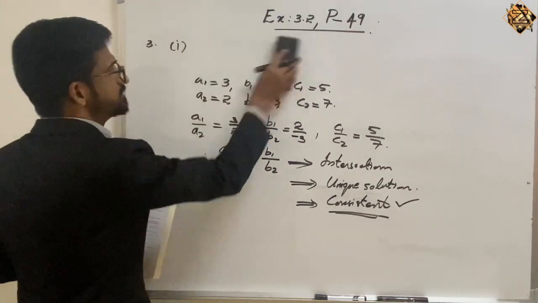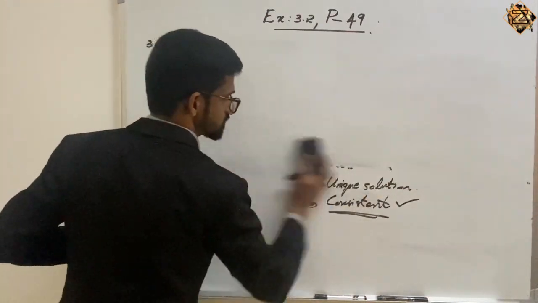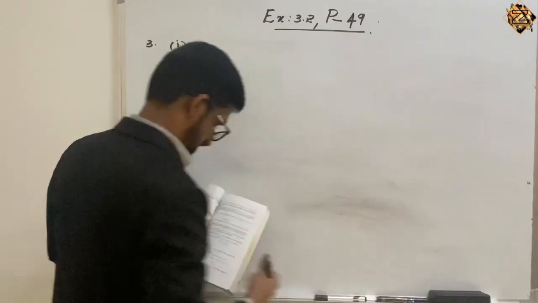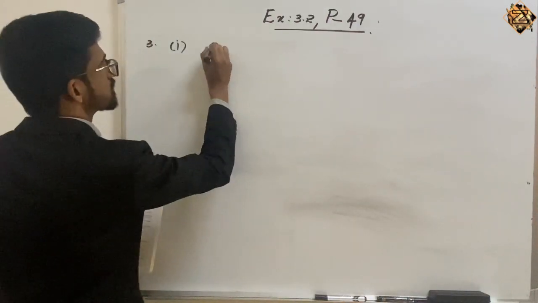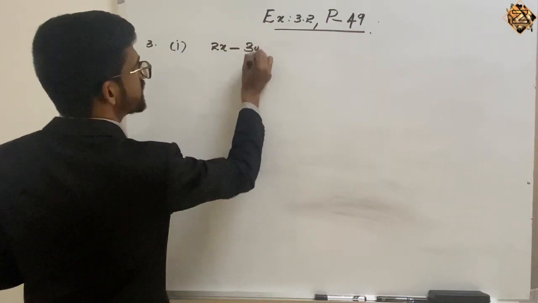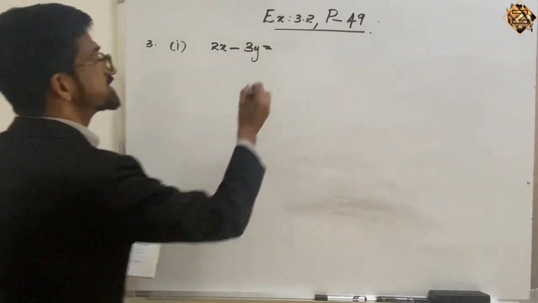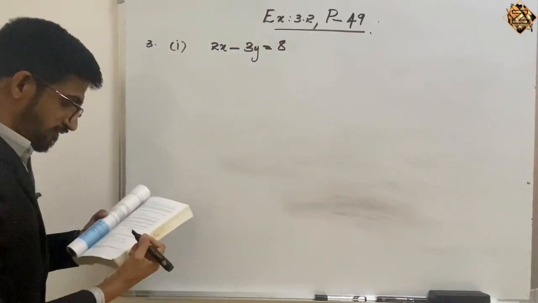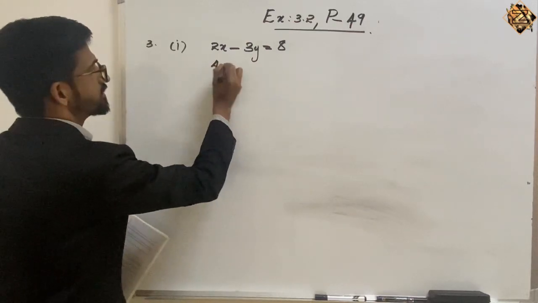Now when we look into the next question, 2x minus 3y equal to 8, 4x minus 6y equal to 9.